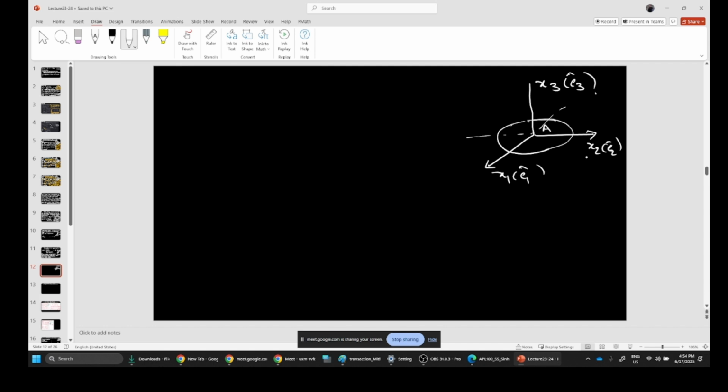Consider a thin body which is lying in x1 e1, x2 e2 plane, the way I have shown. Okay. Now consider this body to be of circular shape actually. We have the definition IA12 as minus integral of x1 x2 dm.